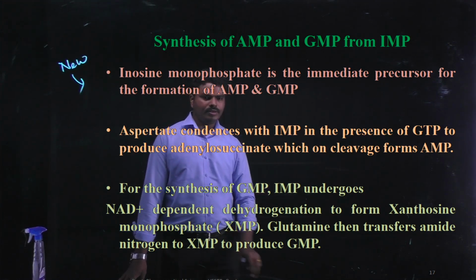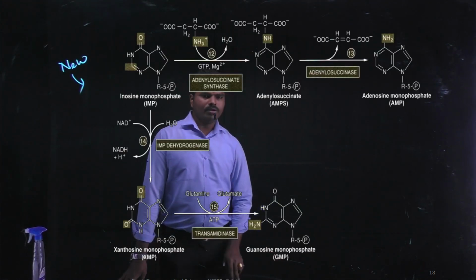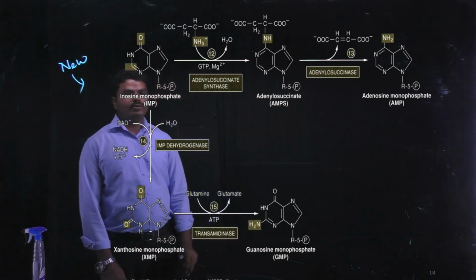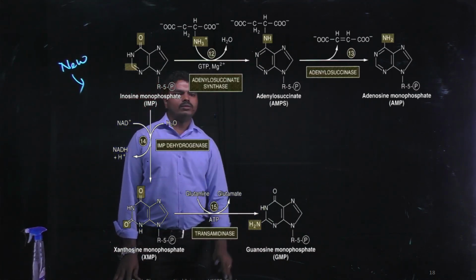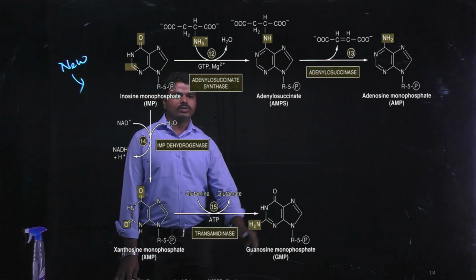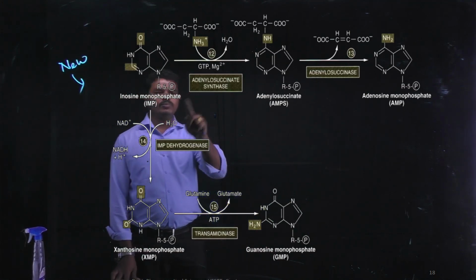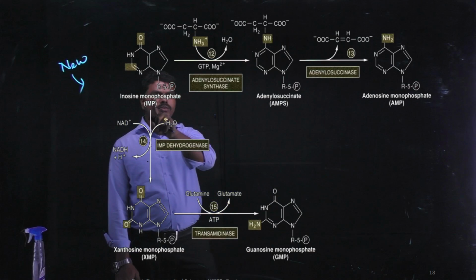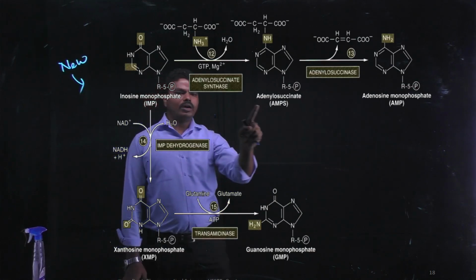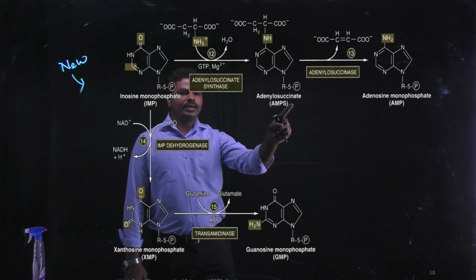So here we can see the reactions that produce adenosine monophosphate and guanosine monophosphate from the inosine monophosphate. First, inosine monophosphate is converted into adenylosuccinate.